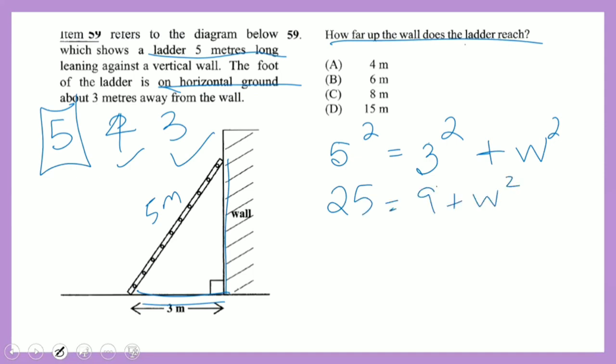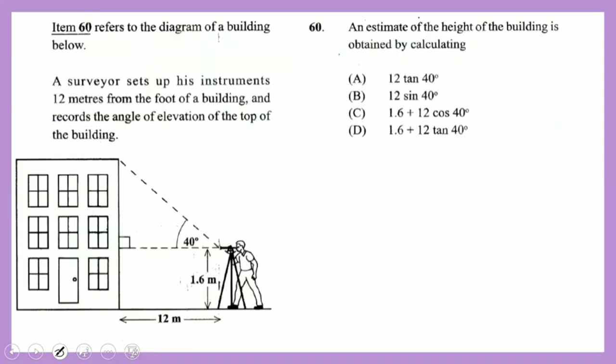W we're trying to find, so we subtract 9. 16 is going to be equal to W squared. Square root both sides. W is going to be 4 meters. Let's not even think about -4 because we're talking about length. That's it, A.